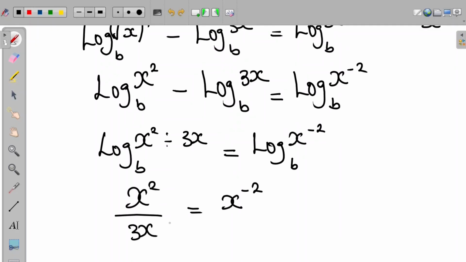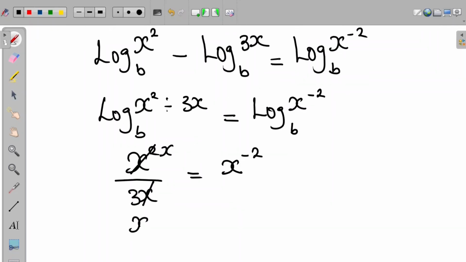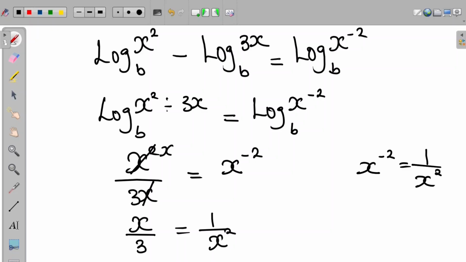So from here, x cancels out itself here, and x squared divided by x will remain x. The equation becomes x divided by 3 equals 1 divided by x squared. Because recall that x raised to the power of negative 2 is equal to 1 divided by x squared.